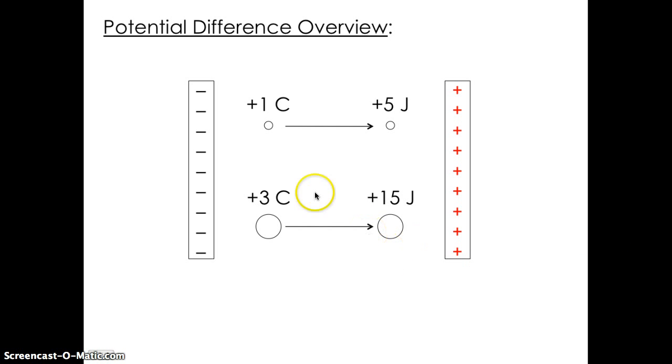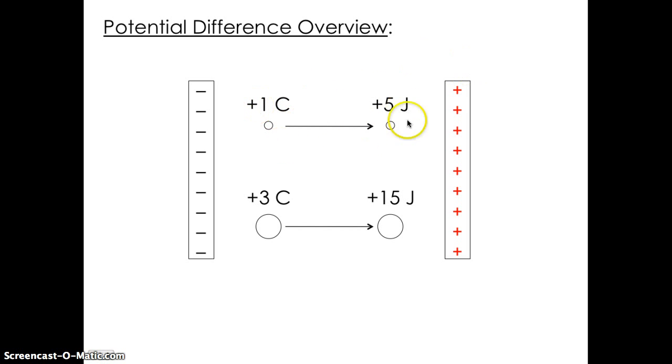Now, we've moved it from the same initial place away from the negative plate to the same final position from the positive plate, and potential difference is the ratio of energy gained to the charge. In other words, it's the energy gained per Coulomb of charge.